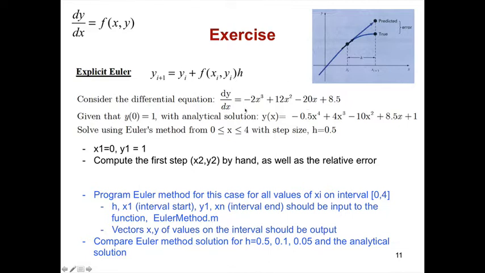So according to Euler's method, what is my y2? It's y1 plus this function evaluated at x1, y1, times h.